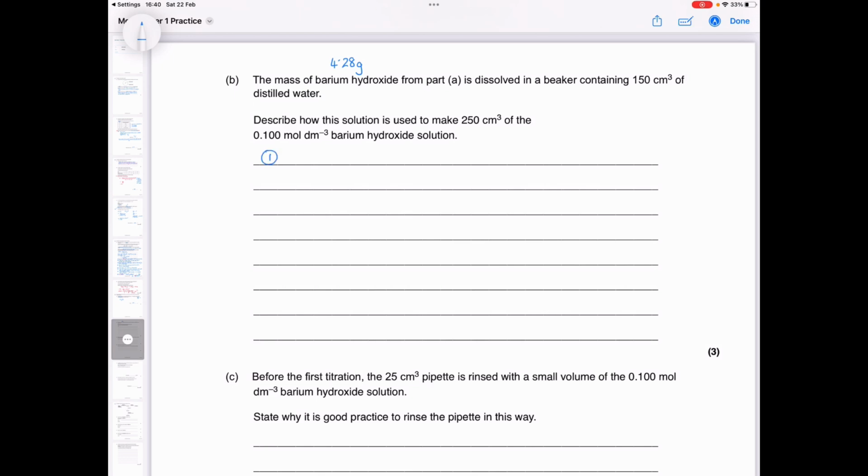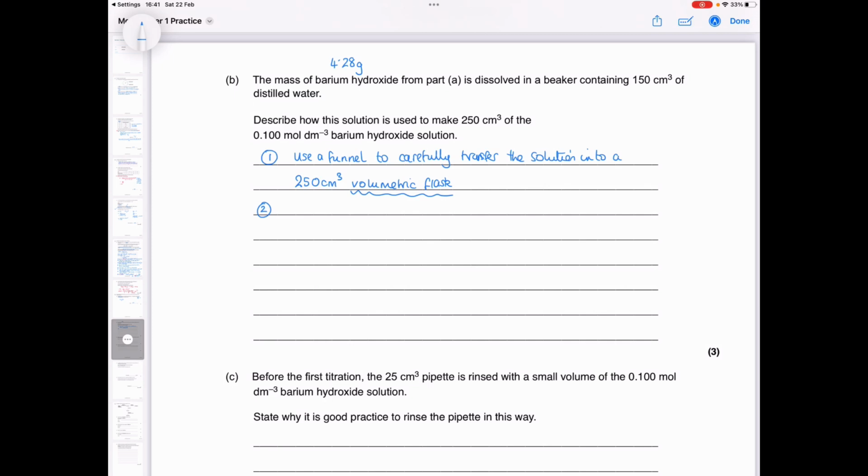So number 1, we're going to use a funnel to carefully transfer the solution into a 250 centimetre cubed volumetric flask. It'll be really important to get that term right, volumetric flask.